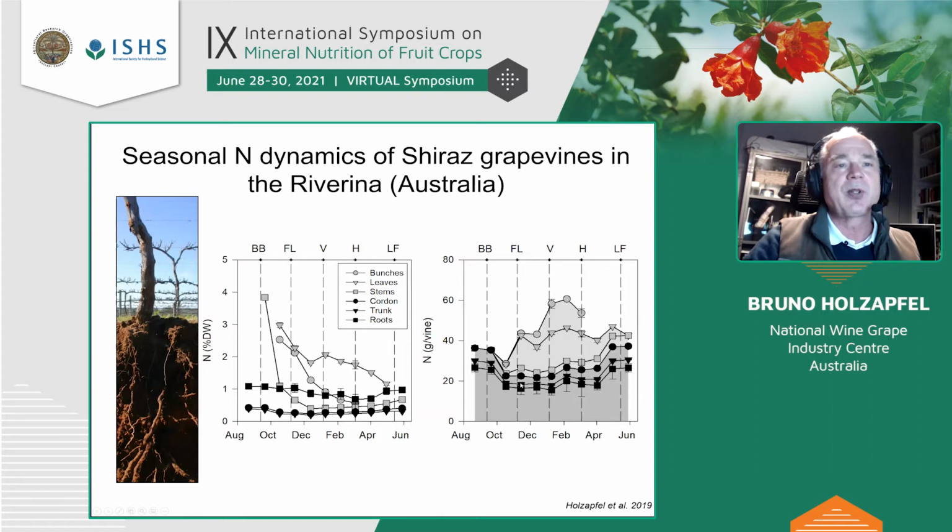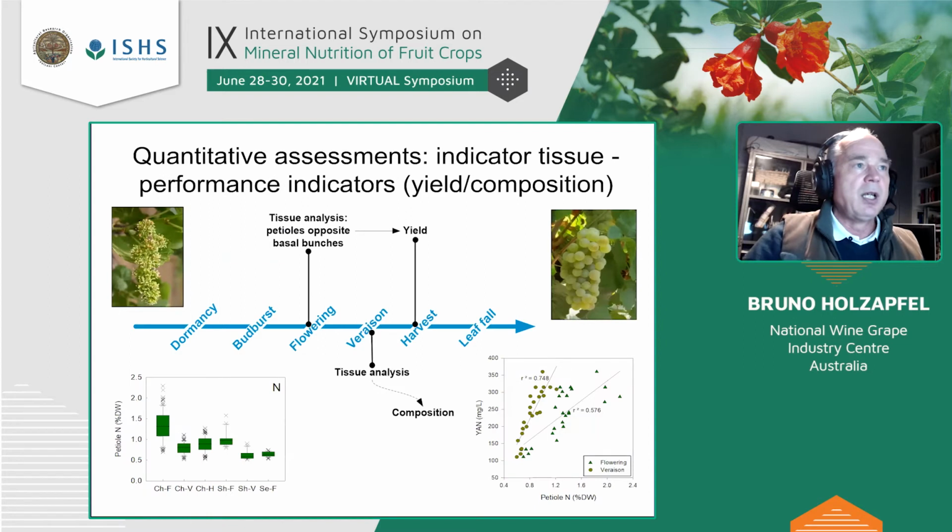So the nitrogen is shifted to the annual growth. Now, of course, at harvest, we have this removal of nitrogen and some remobilization from the leaves into the stems and perennial structure, and further uptake indicated here. So you basically end up with a slightly higher amount on a total basis for the vine at the end of the season.